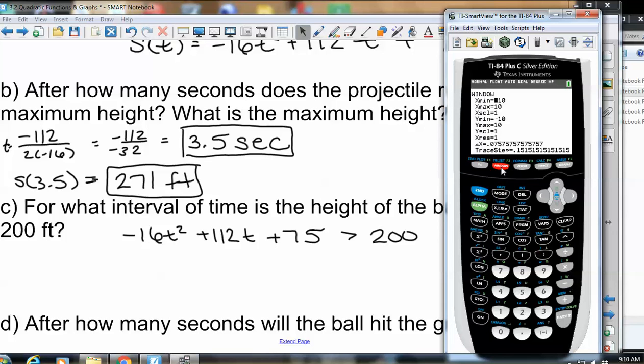We are trying to see where this quadratic hits a height of 200. So would I really need a negative height here? No. It's only at negative 10, so that's not a big deal. Would you really have to have a negative x value? Would we have negative times? No. You can leave those things, it's not a big deal, but what we really want to change down here is this y max.